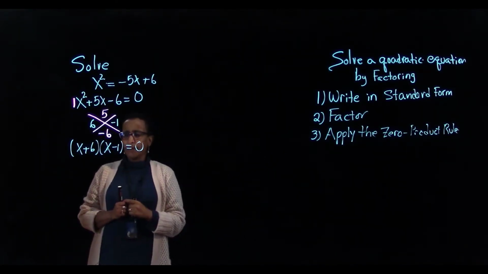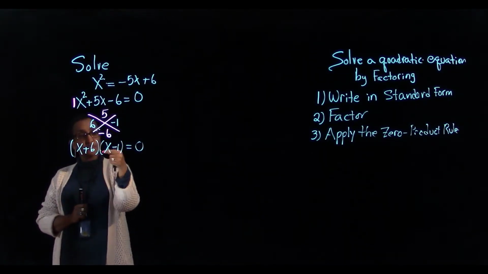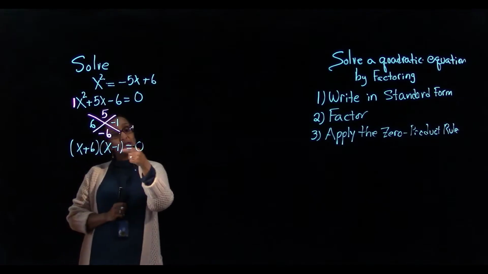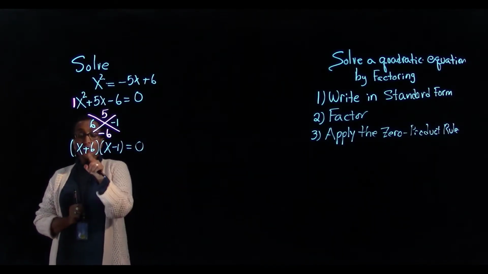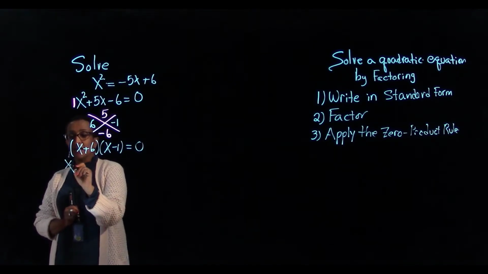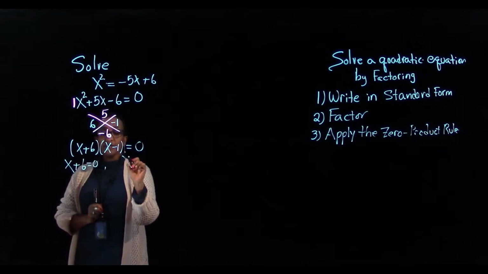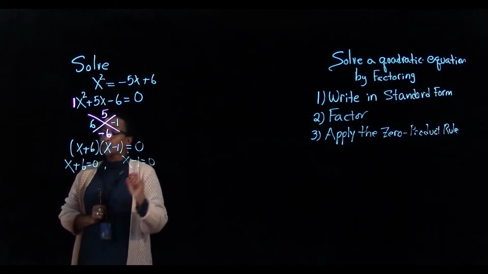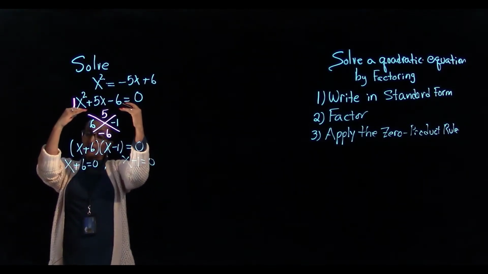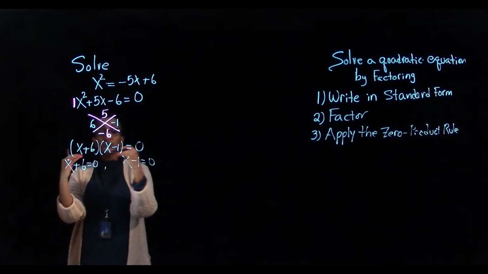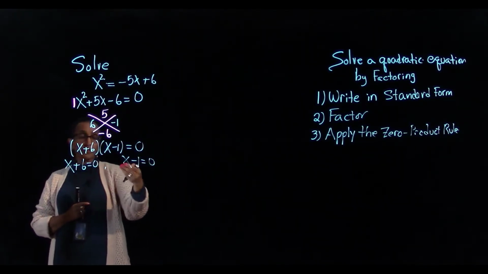And what does it say? It says if we multiply two factors and end up with a product of 0, maybe x plus 6 was 0, or maybe x minus 1 was 0. I have managed to rewrite the quadratic as a product of two linear terms. Now I can easily solve the linear terms.